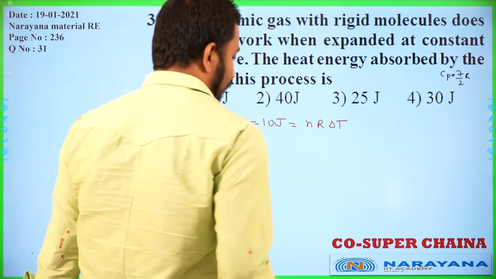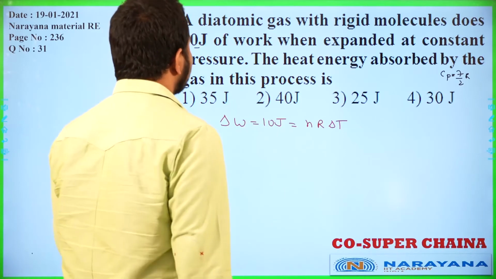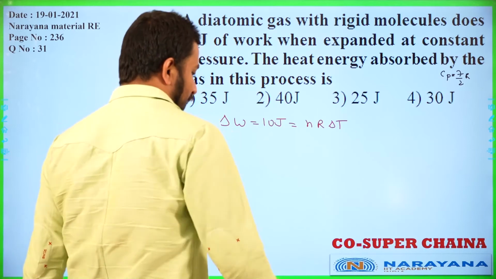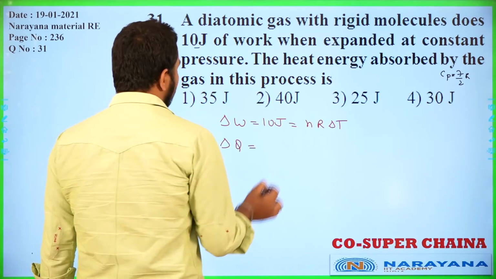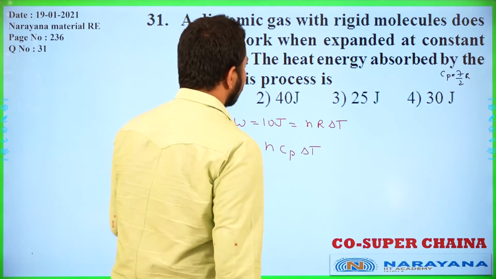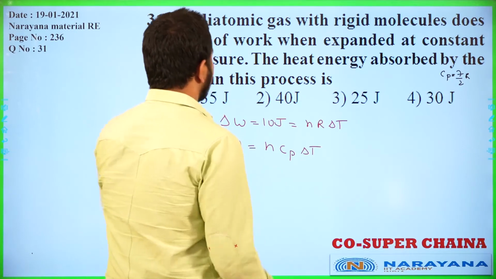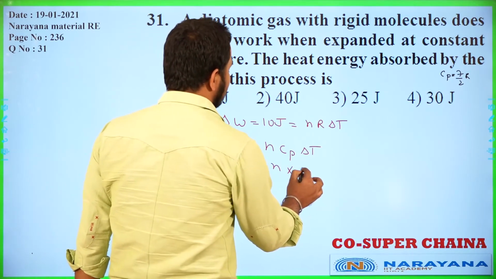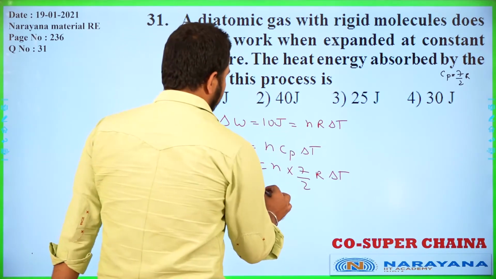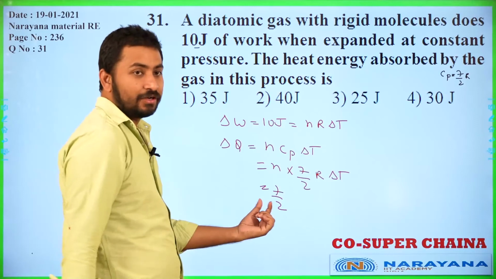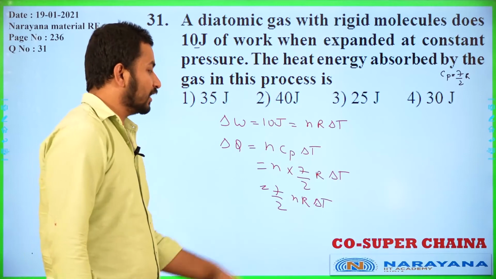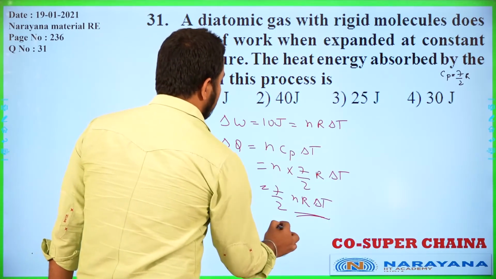So what we have to calculate is the heat energy absorbed by the gas in this process. Delta Q can be written as n Cp delta T, and since it is a diatomic gas, the Cp value is 7/2 R. So delta Q is 7/2 nR delta T. This nR delta T value is given as 10.